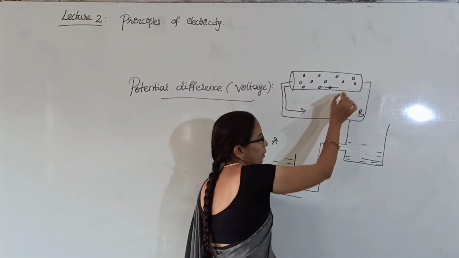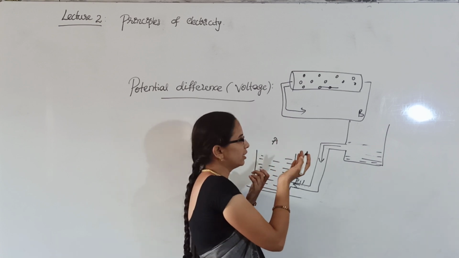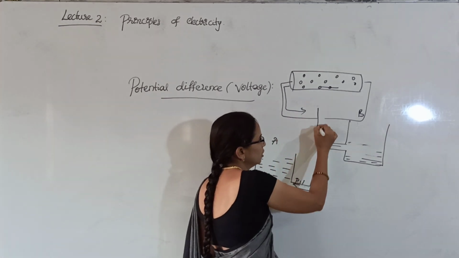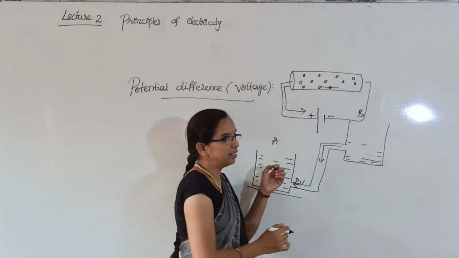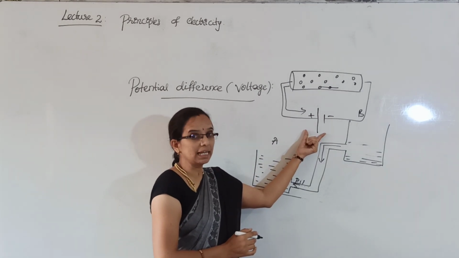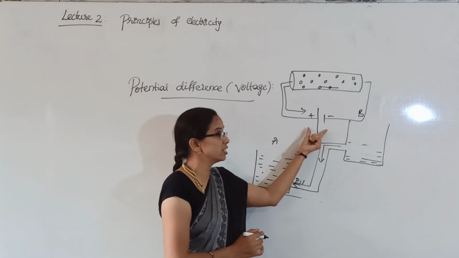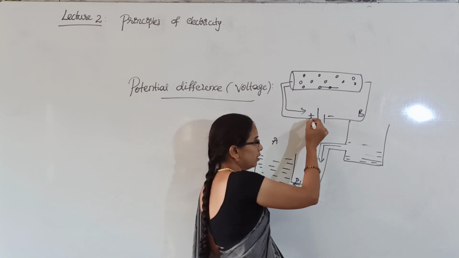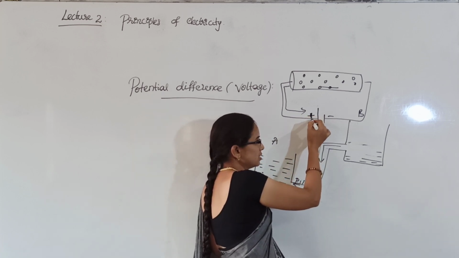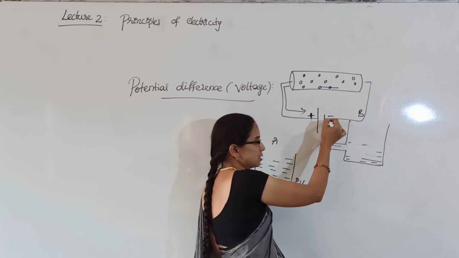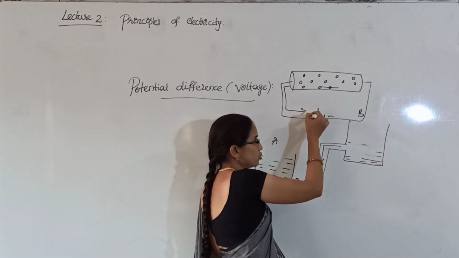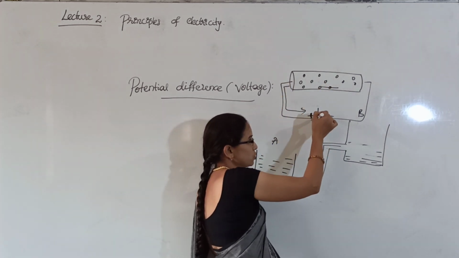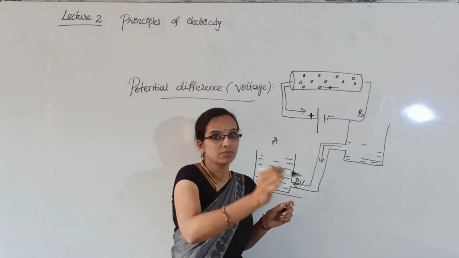If you simply connect it, it will not move like that. I have told you, we apply a voltage, that is, a cell is placed in between. Here, this plate is a positive potential and this plate is a negative potential. The positive potential attracts the electrons towards it, then the charges start flowing.